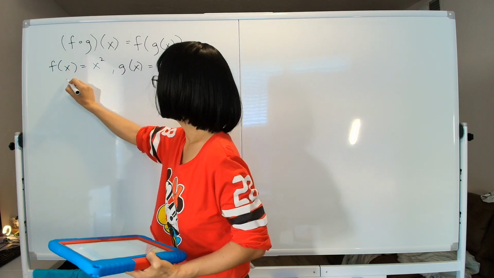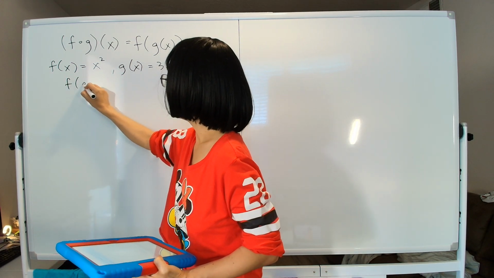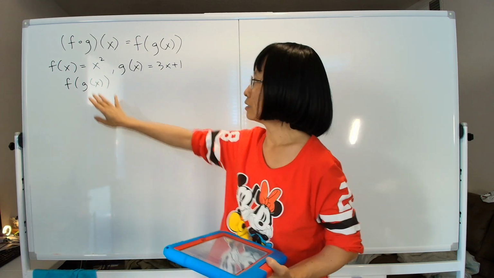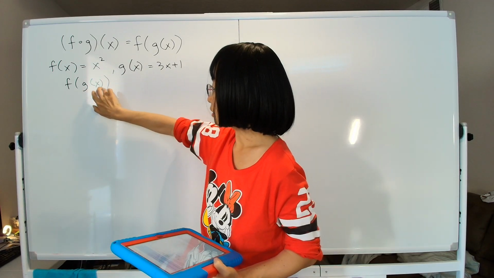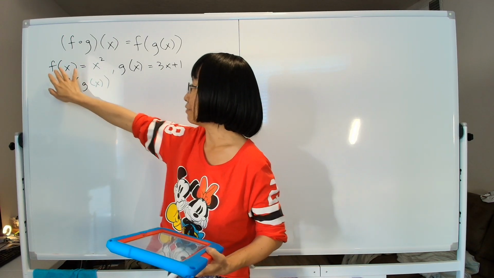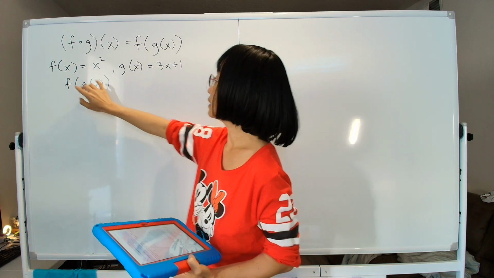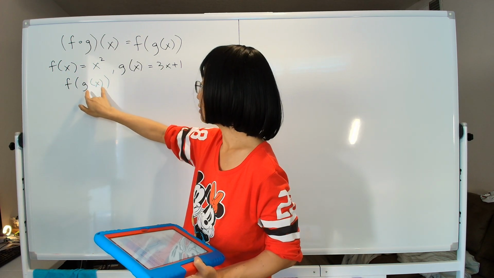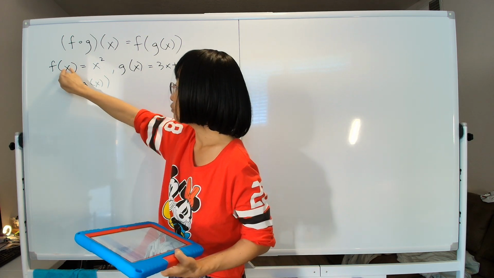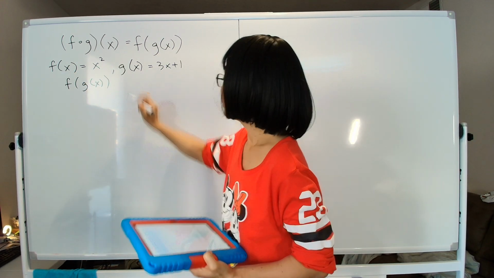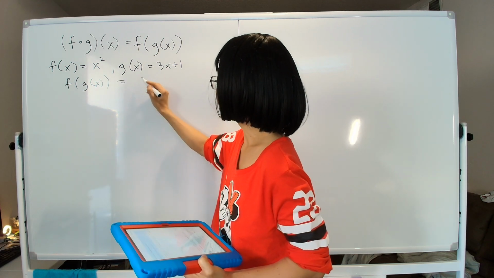First, let's figure out f of g of x. Now remember, whatever's in here is the new x, okay? F is a machine, and so is g, but you take the entire thing of g and replace x with it in this operation. So, which means you take g of x.